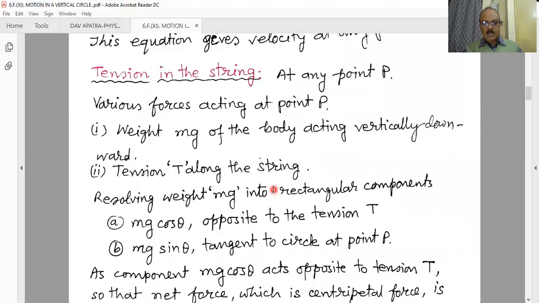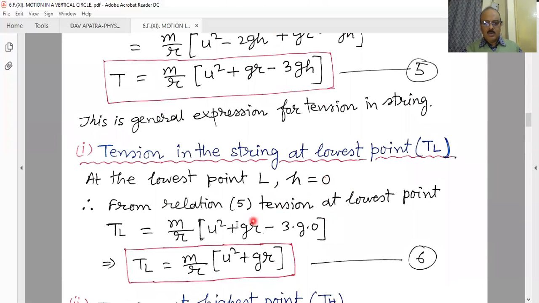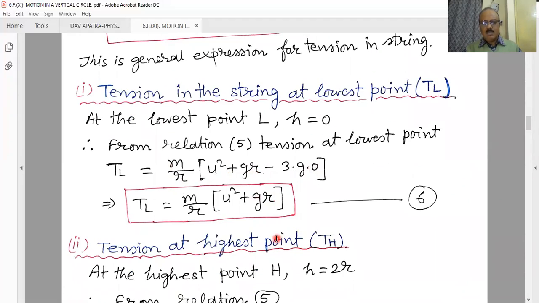By putting h equal to 0 in equation number 5, TL, that means tension in the string when the object is at the L point, that is the lowest point, is (m by r) into (u square plus gr minus 3 into g into 0). That is u square plus gr. It is the maximum tension.